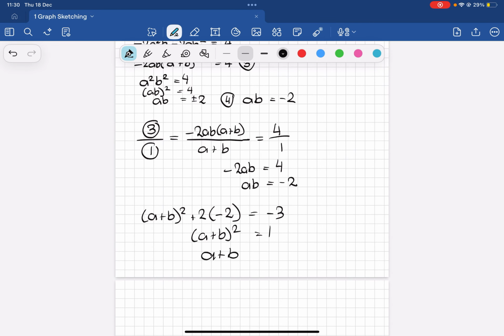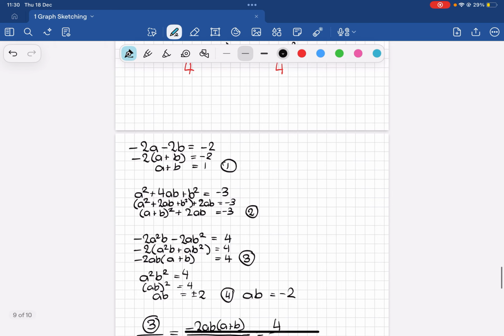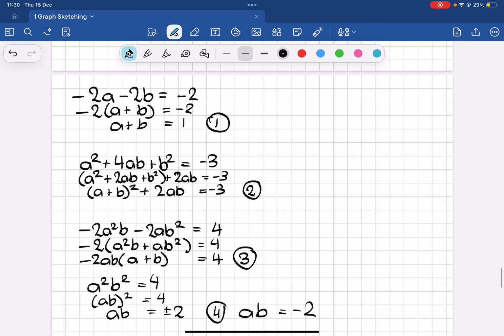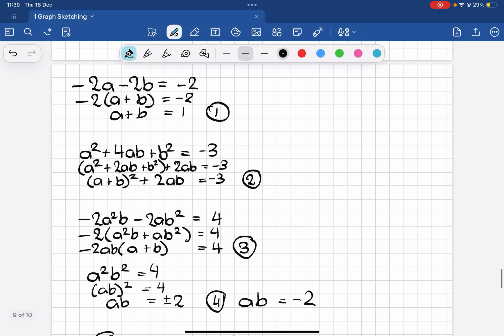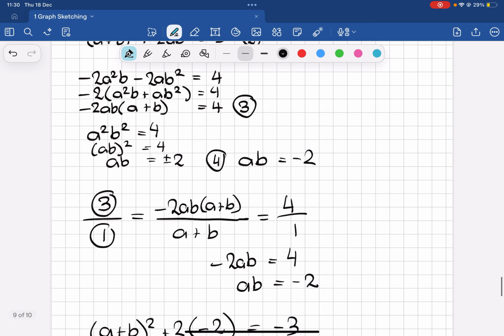That just gives us the same result as the top equation, right? So now, we've got to look elsewhere.